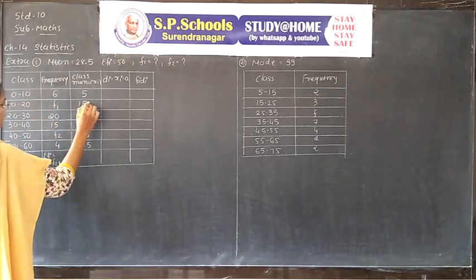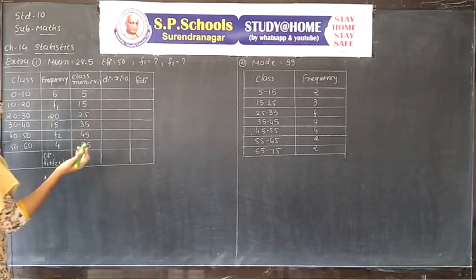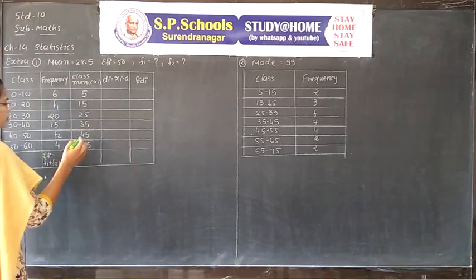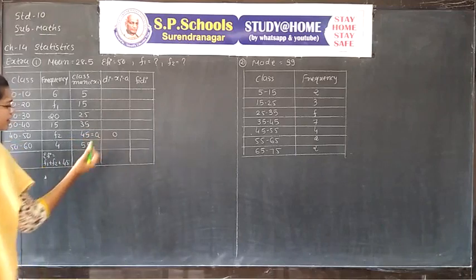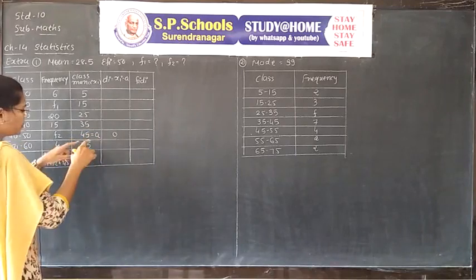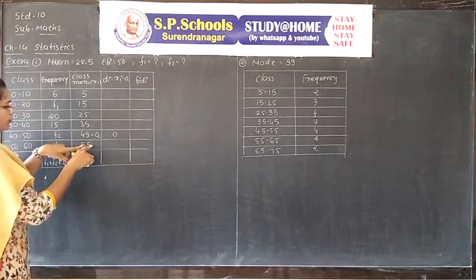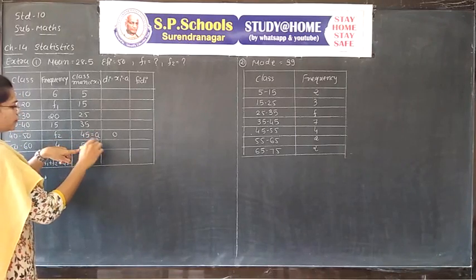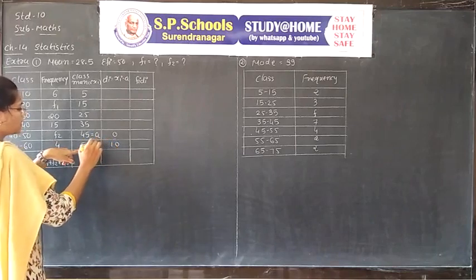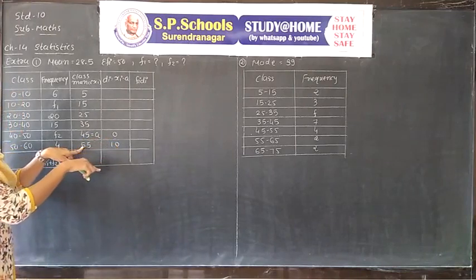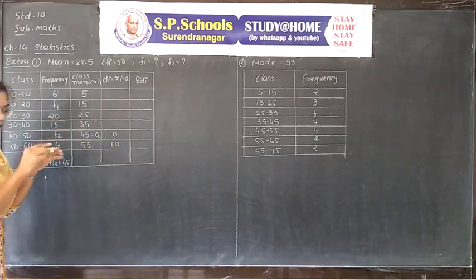Suppose let us take 45 as a, there is no issue. Suppose 45 as a, in front of a di is 0, we have to subtract a from the xi. 55 minus 45 gives us 10. Xi minus a, below side the positive, upside is negative.